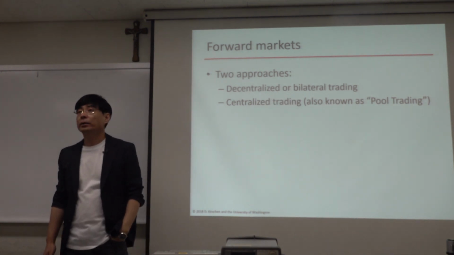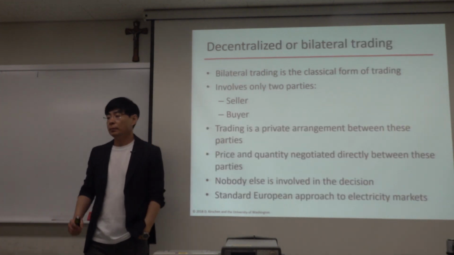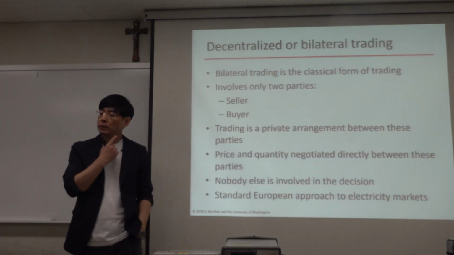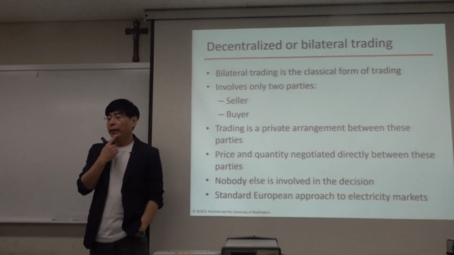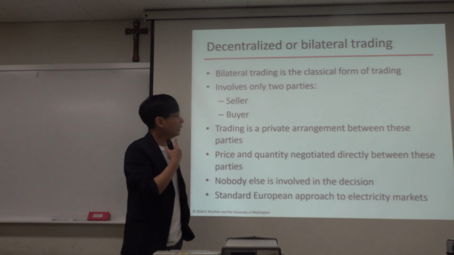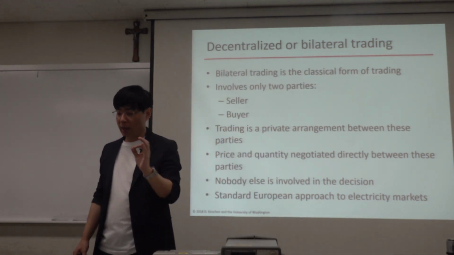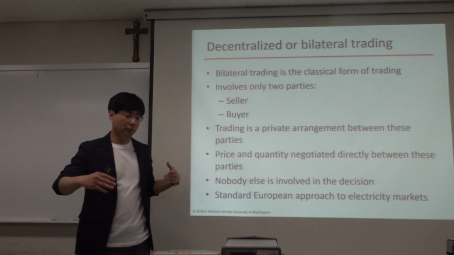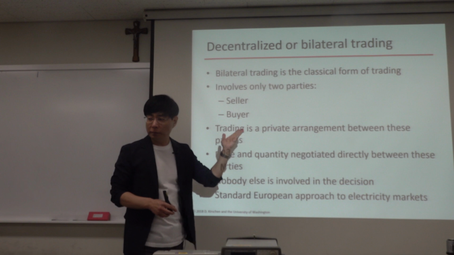Let's talk about the decentralized market first. Bilateral trading is actually a classical form of trading. Classical means this kind of trading has been happening for a very long time, because it is very intuitive.